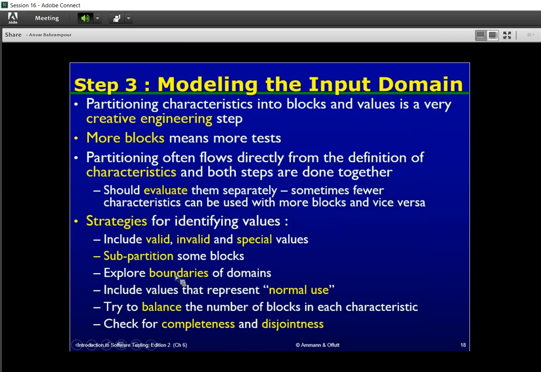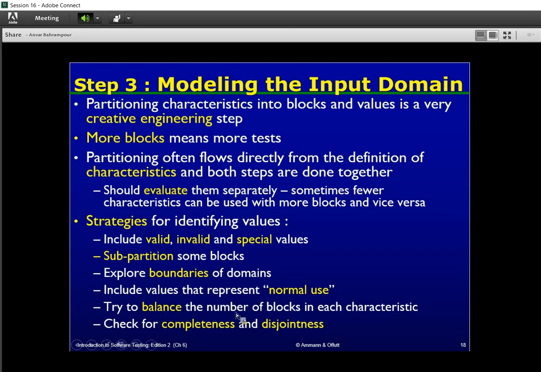So the boundary values are important values, and we should select them and test them. Besides special boundary values, we should consider normal values, such as a list with more than one element.